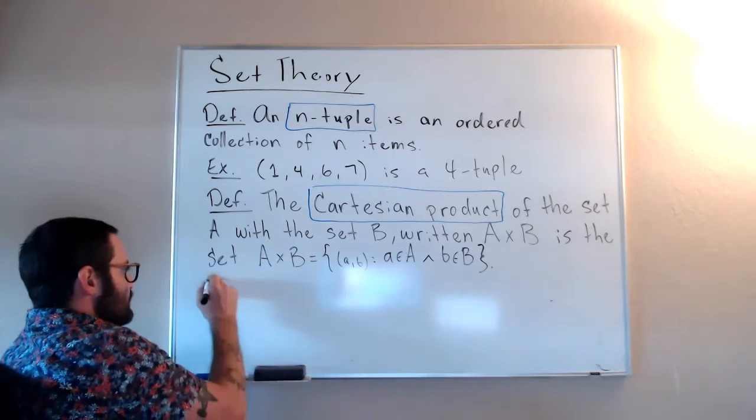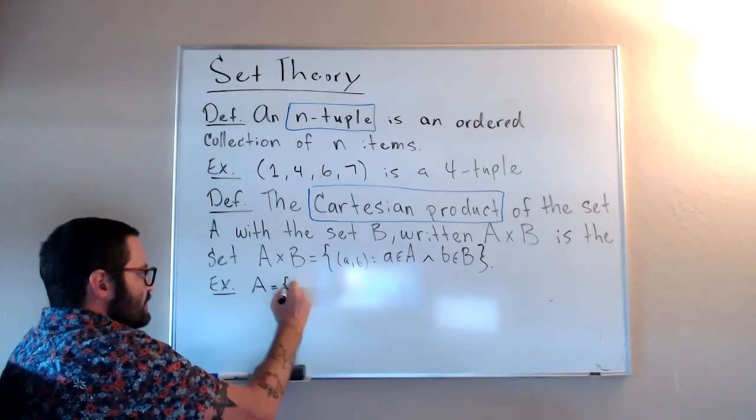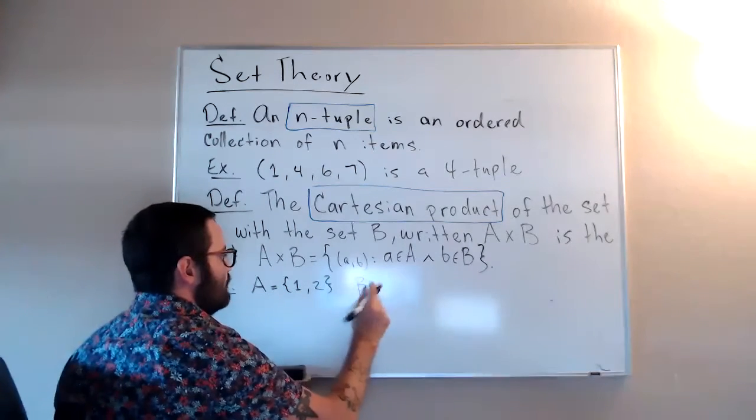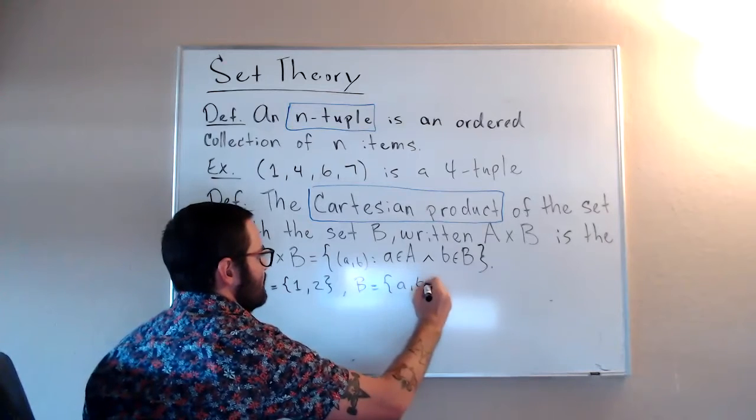So let's look at an example. Suppose A is the set {1, 2}, and B is the set {a, b, c}.